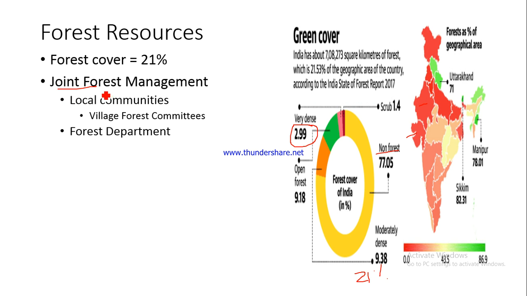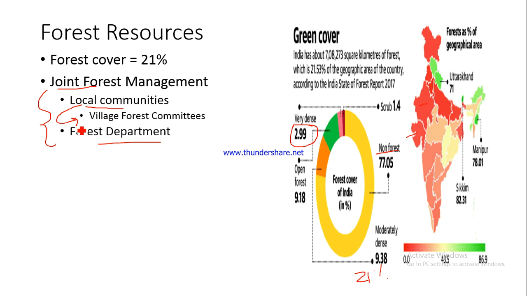Earlier the task of forest management was the duty assigned to the forest department, but now forest management is going to take place jointly under the joint forest management initiative, wherein the local communities would also partner with the forest department in managing the forests, and the local communities would form village forest committees, so that the forests in their vicinity can be taken care of.